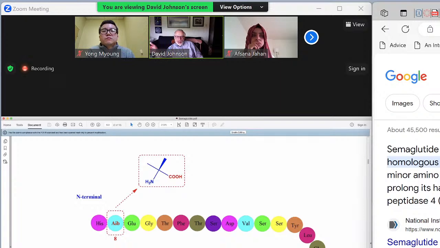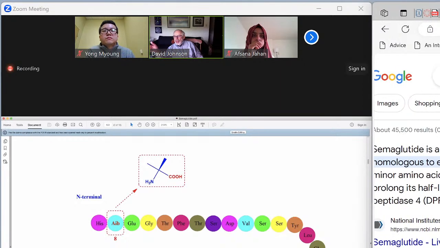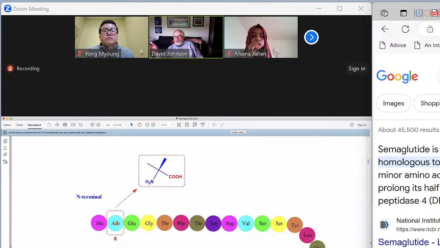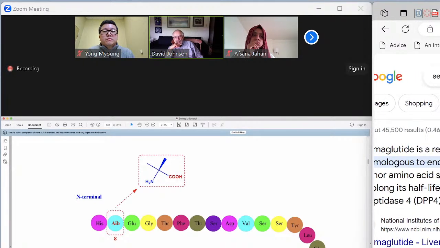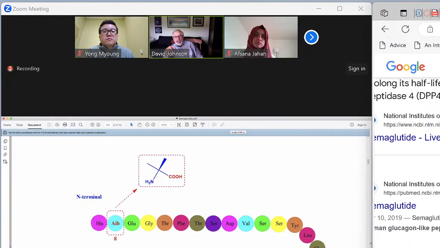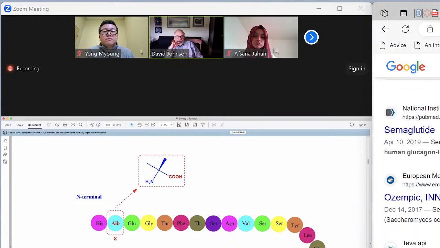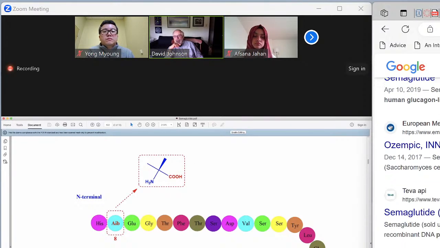Or are they making this in bacteria or yeast that they've modified the genome so it synthesizes this drug? I think it's just, and then after the fact, they have to do the modifications. I must say I'm very impressed.